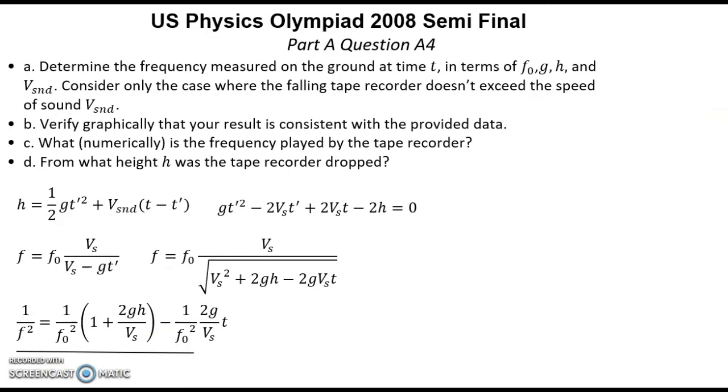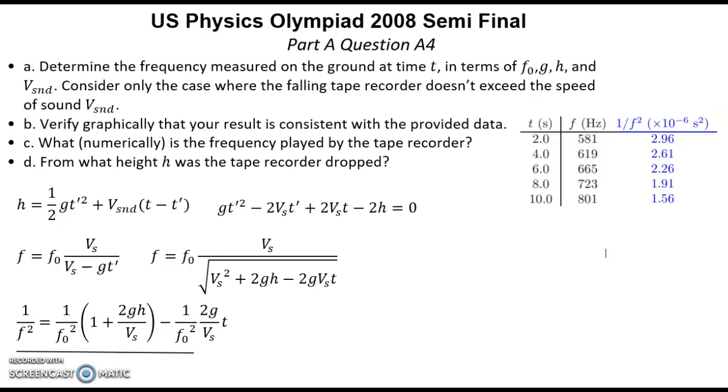Let's draw this graph. That will be our table for this graph. We have 1 over f squared as a function of time. And from this graph we can find the slope of this graph. That will be negative 1.75 times 10 to the power negative 7 seconds to the power negative 1.